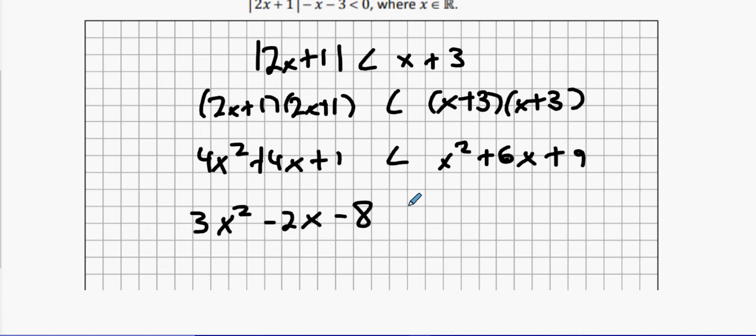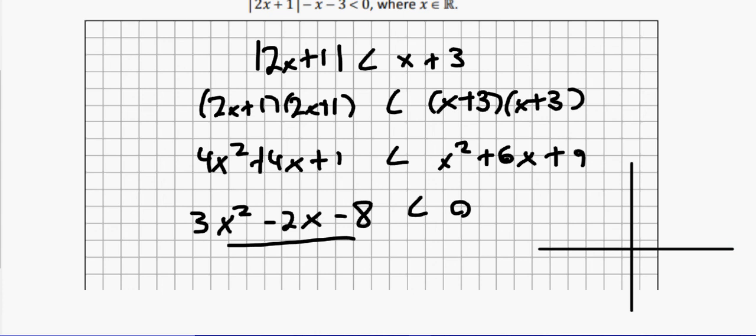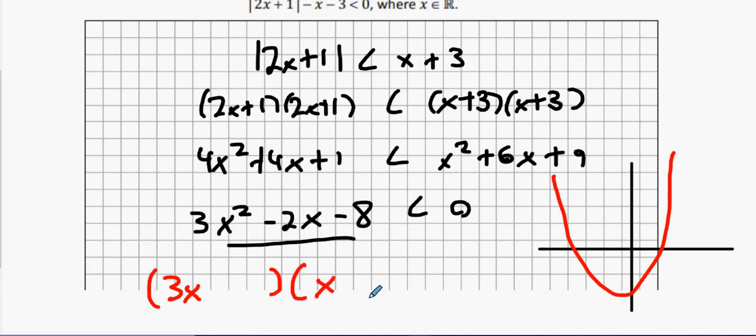Now this is a U-shaped function, and it will usually cross the axis twice. We have to figure out at what 2 points it crosses the axis. You can do the minus b formula if you want. For me, I'm just going to break it up like this. I'm going to solve it equal to 0 to find the 2 points where it intercepts.